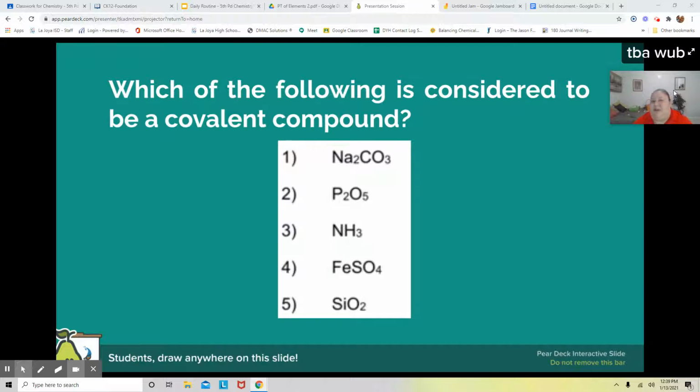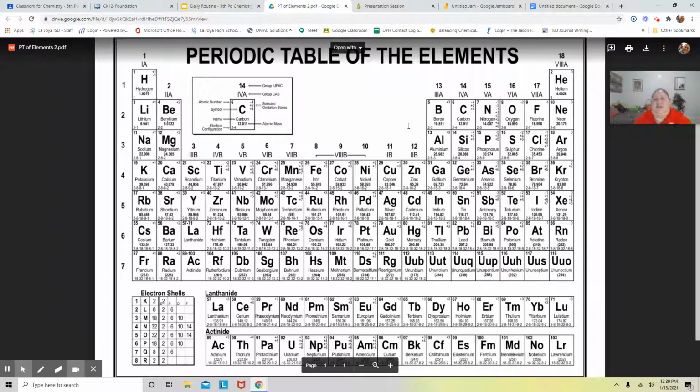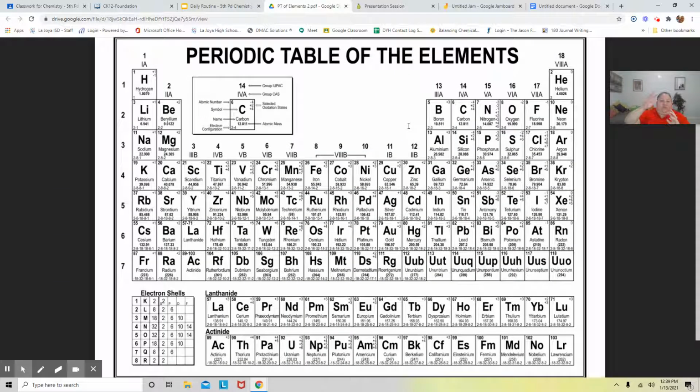So let's check out the compounds we have. Let's look up here. Number 1, Na, C, and O. That's sodium, carbon, and oxygen. Are all of those nonmetals found on the right side? Is that covalent or not?